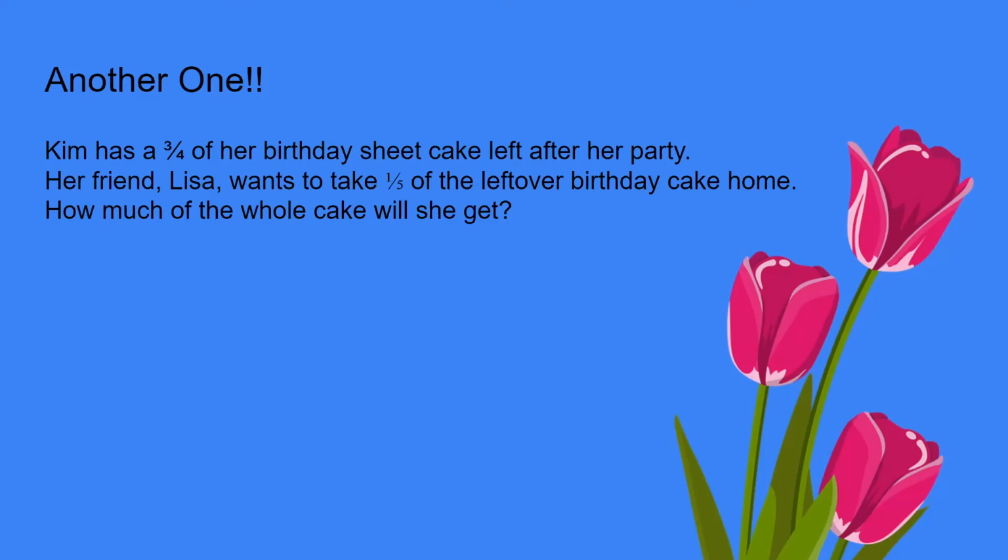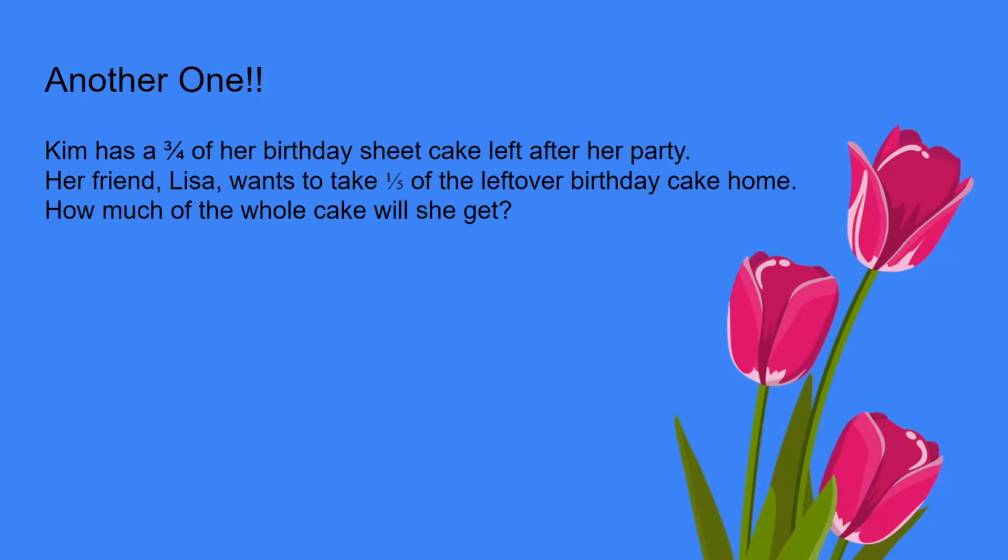But again, if we wanted to look at that, and we'll just go quickly through it, what could that look like? If I'm using the CSA model, the first thing I would do is pull out either fraction squares, or some paper that they can cut up.